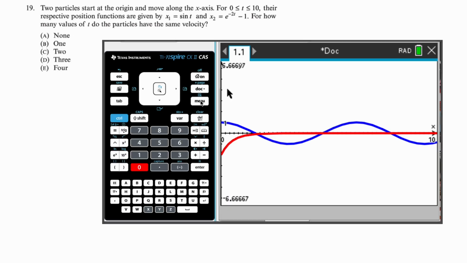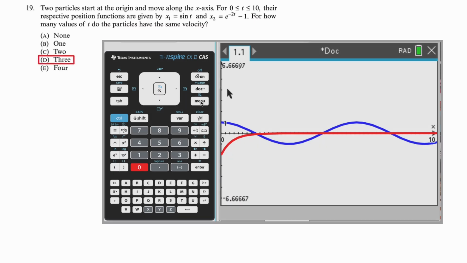And from all of that, we can see that the answer is 3 times, so D.